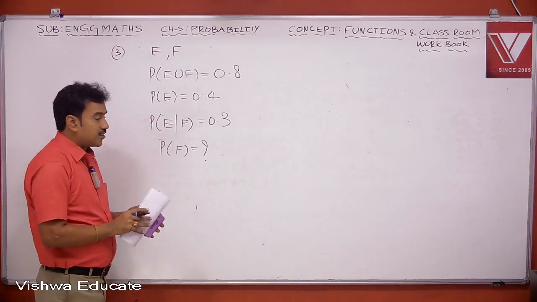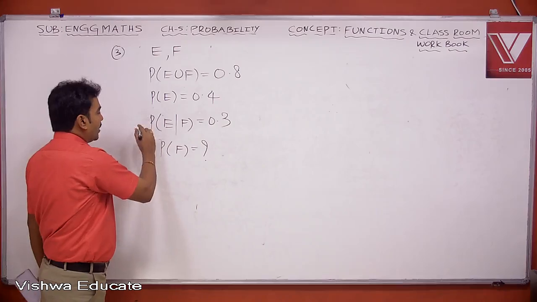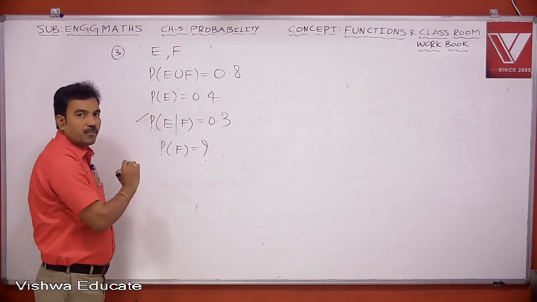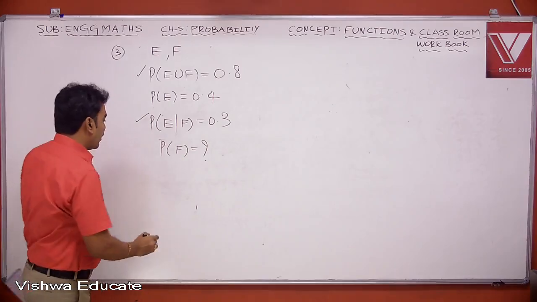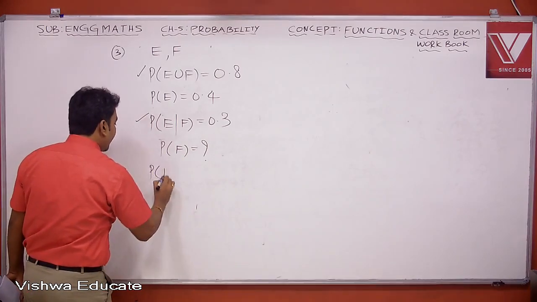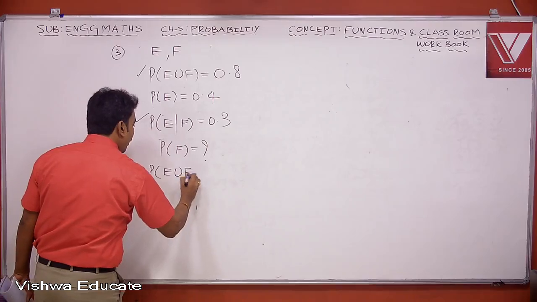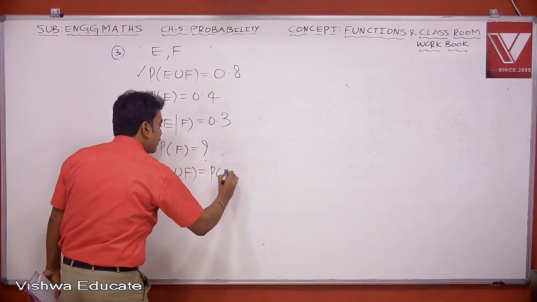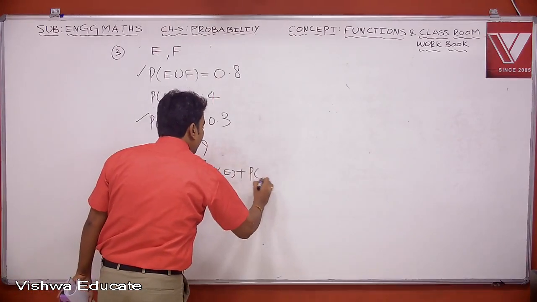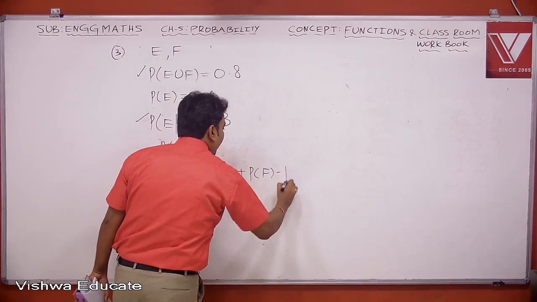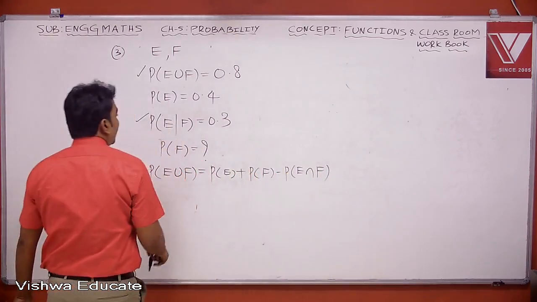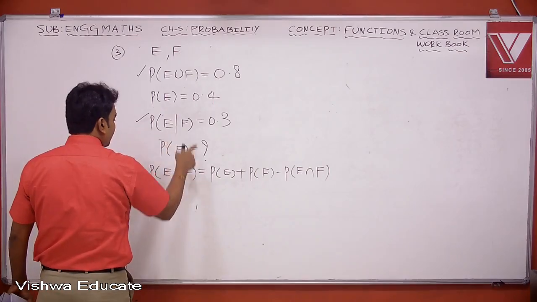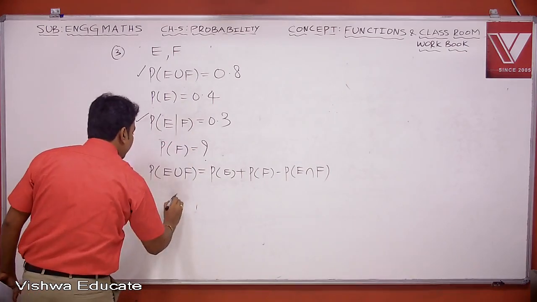Now this question is related to conditional probability. You need to apply conditional probability as well as addition theorem on probability. Now let us see. Let us apply addition theorem on probability. At first, P of E union F is P of E plus P of F minus P of E intersection F. Now here P of E union F is 0.8.